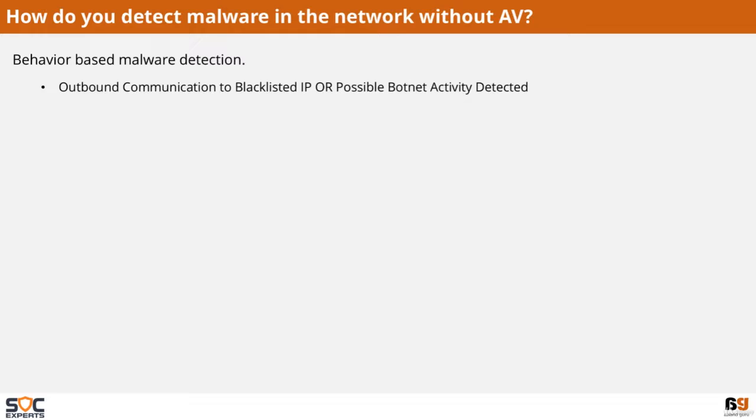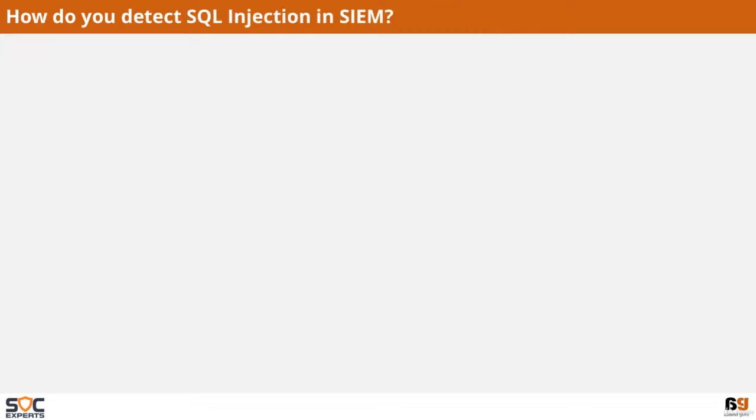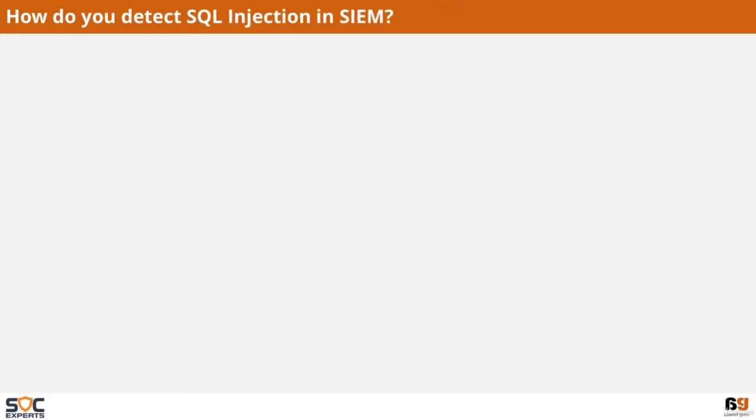Outbound communication to blacklisted IP address or possible botnet activity. Too many DNS lookup failures, which would indicate a possible DGA is running in the network. High resource, that is CPU and memory utilization. Unauthorized process detected. Those were the rules that will help us detect the malware when the antivirus fails to detect it.